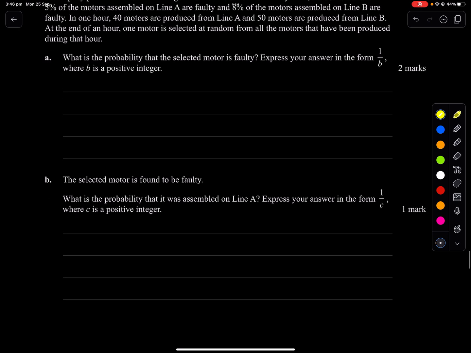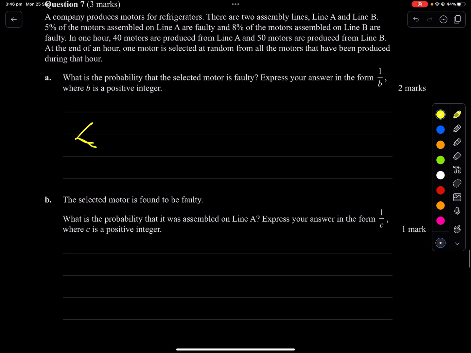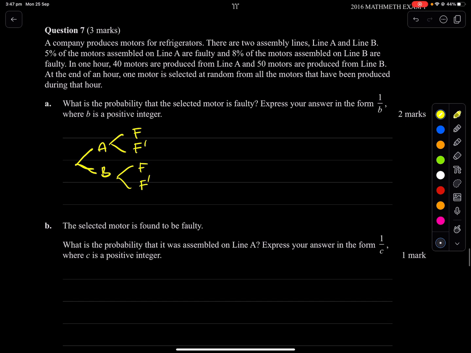Okay, this is nice. You should know straight away to draw a tree diagram for this, because it tells us that there's line A, line B, and then faulty, non-faulty, faulty, non-faulty. Now we know that the probability of being faulty in line A is 5 over 100, and the other one would be 8 over 100.